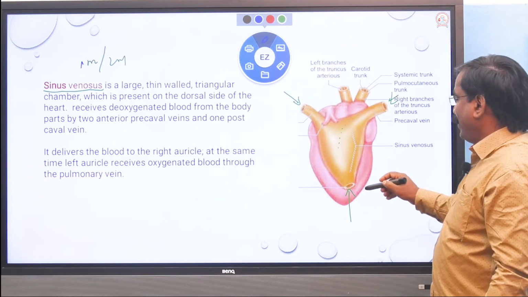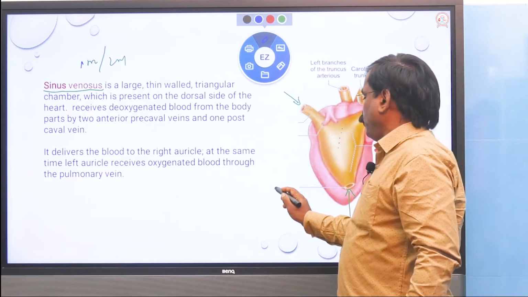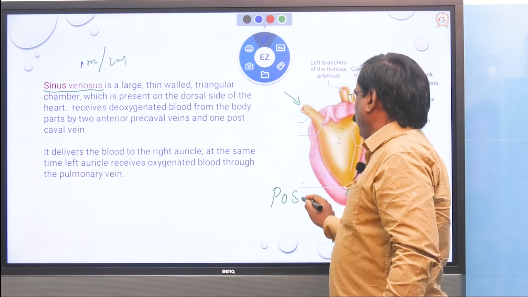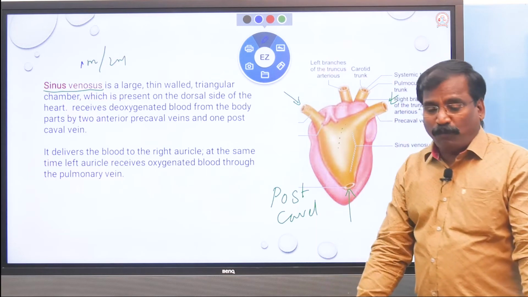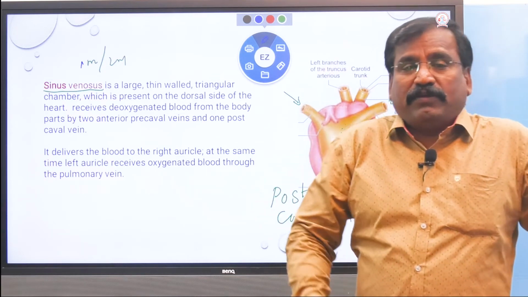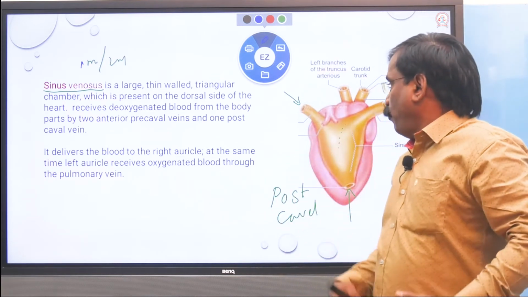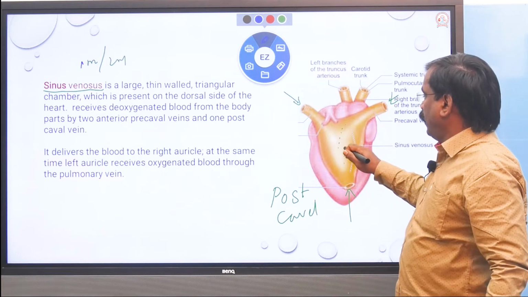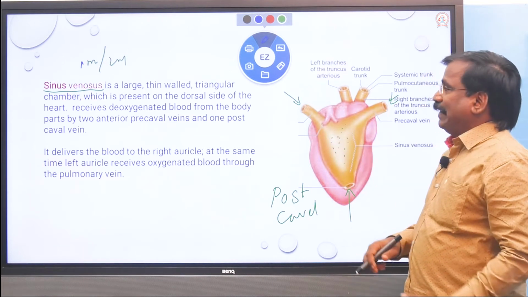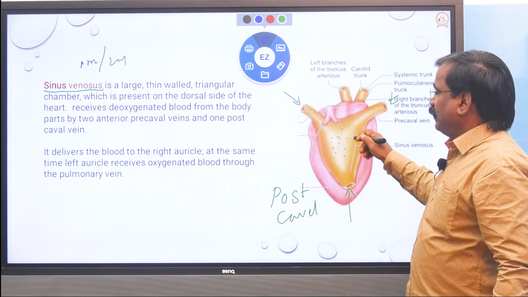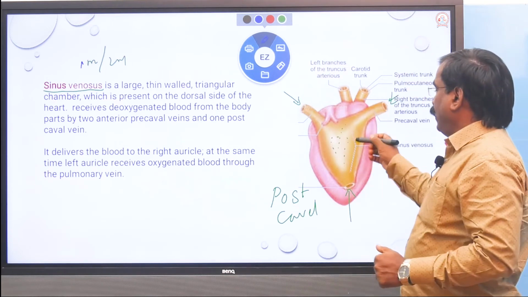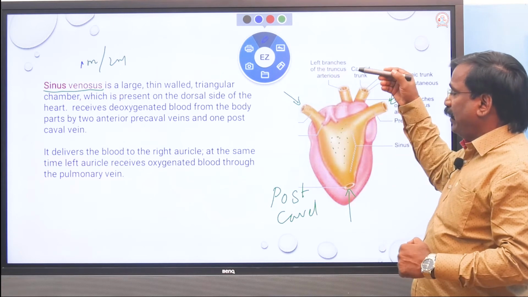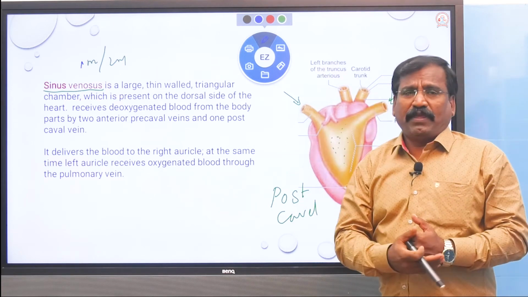And from the posterior side of the body, the postcaval vein collects the impure blood from the lower part, the posterior region of the body, and pours it into the triangular chamber, the sinus venosus. In turn, the sinus venosus opens into the right auricle.